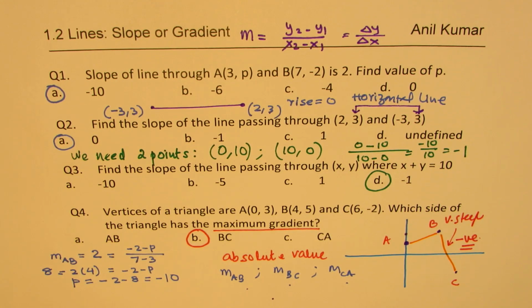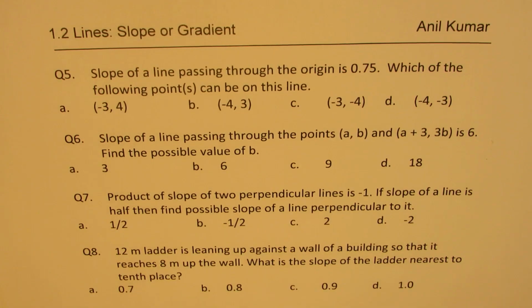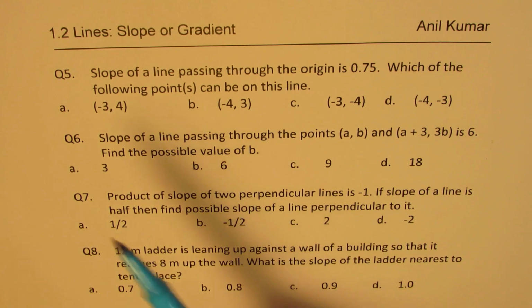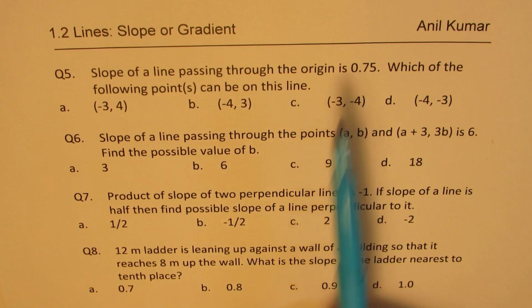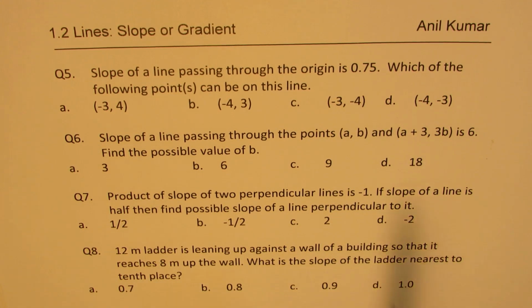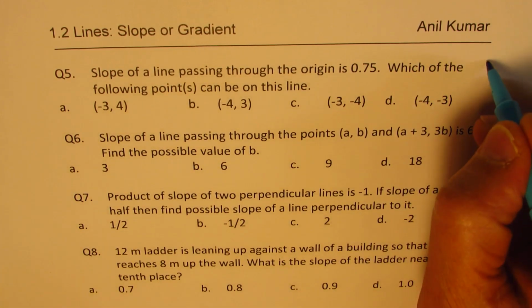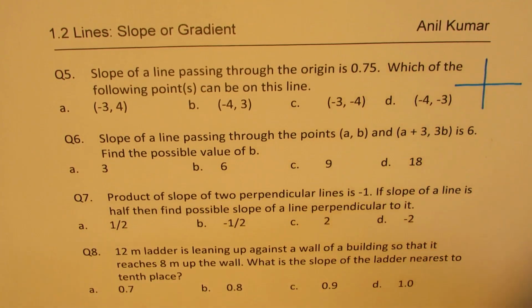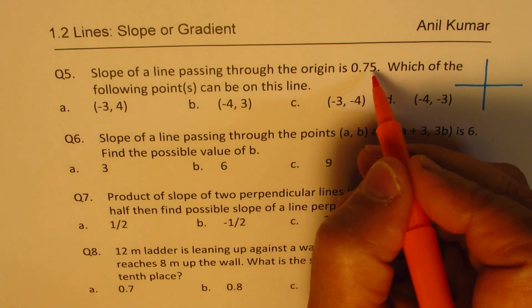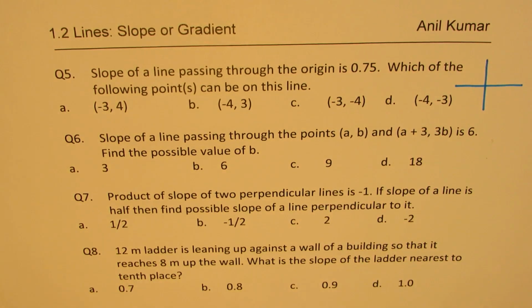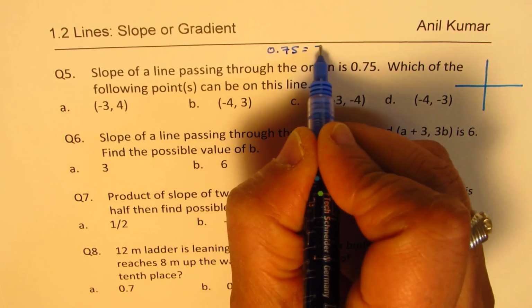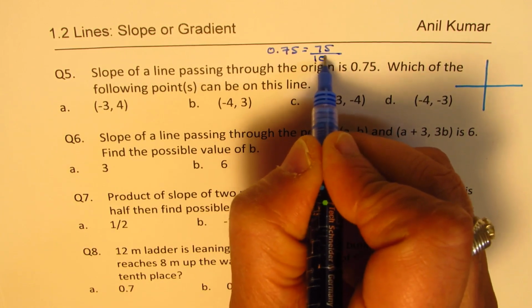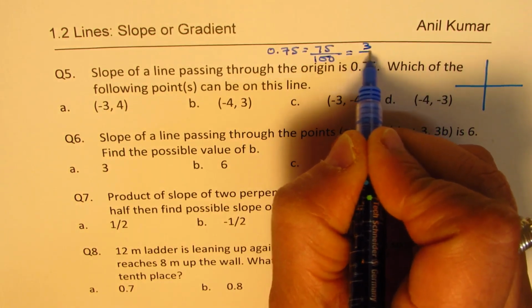Now let's take the next 4 set of questions. Question number 5 is, slope of a line passing through origin is 0.75. Which of the following points can be on this line? So think about it like this. We have a line. 0.75 is like 75 over 100, or 3 over 4.